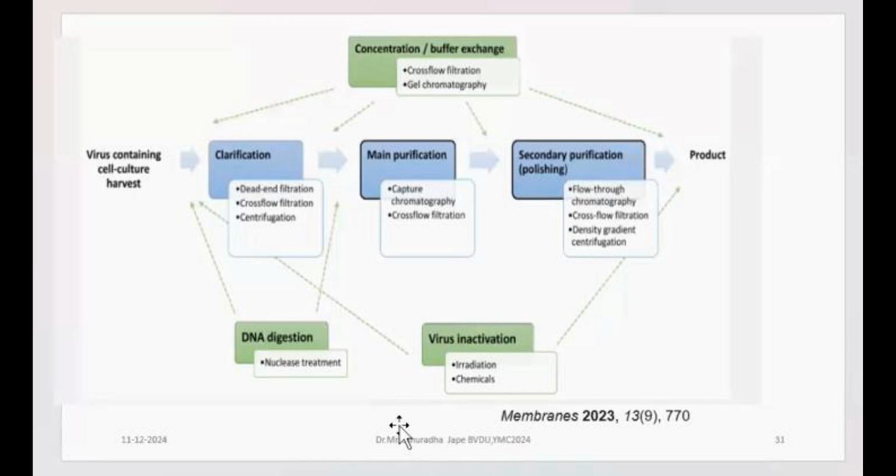Right? So, in today's discussion, we have to talk about applications. As we all know, over many decades, affinity chromatography is being used for various purposes with respect to purification, separation of biomolecules, right?